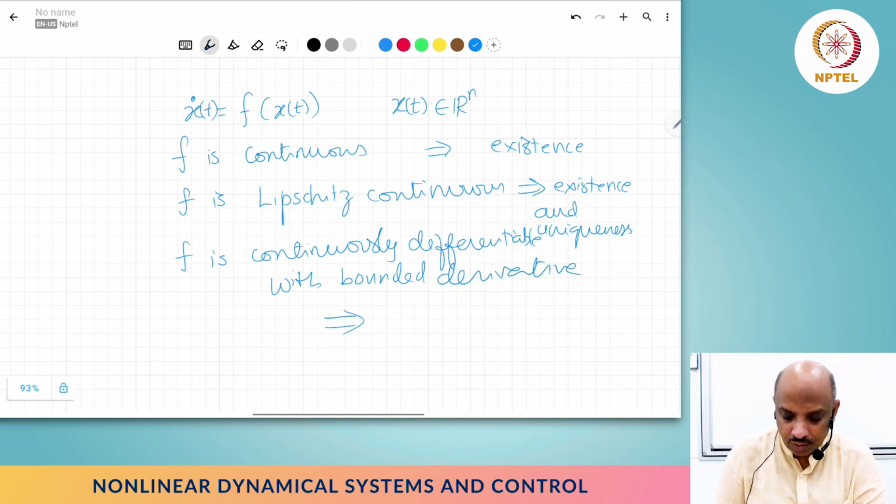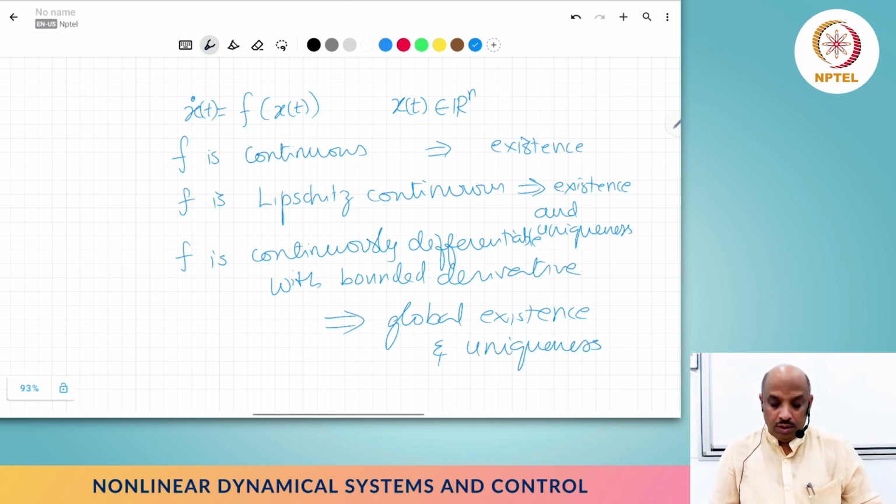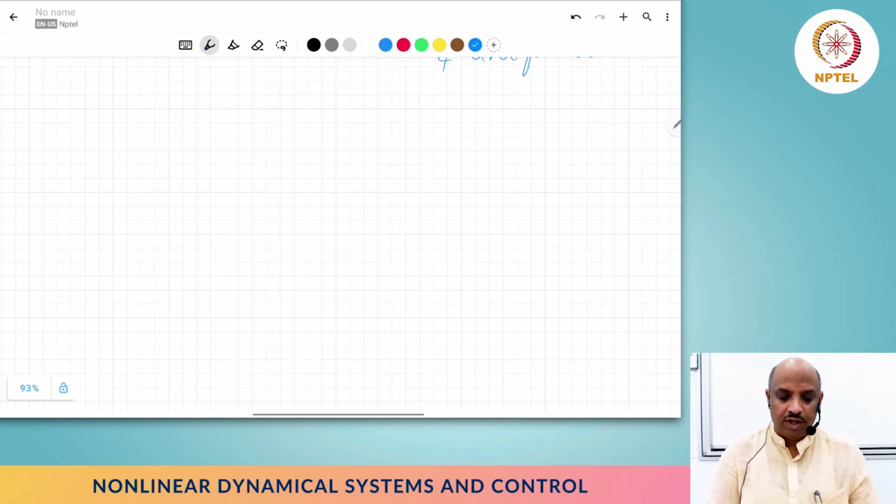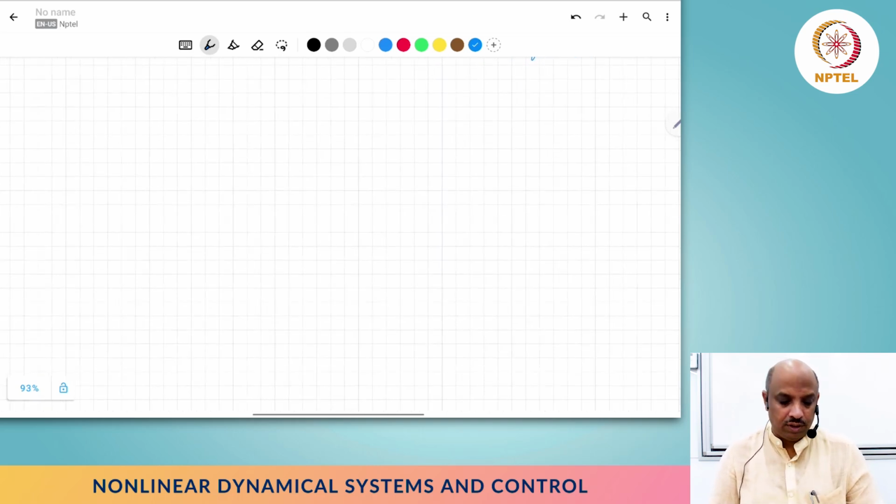Then we have global existence and uniqueness, right? So when we present all the theory, we kind of assume that we do have this global existence and uniqueness. Sometimes the global nature in space works, but in time we may have finite escape time and things like that.